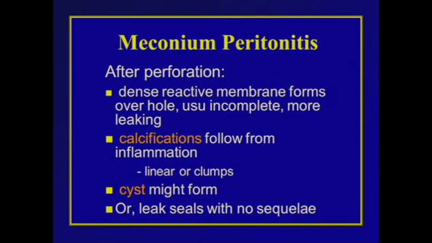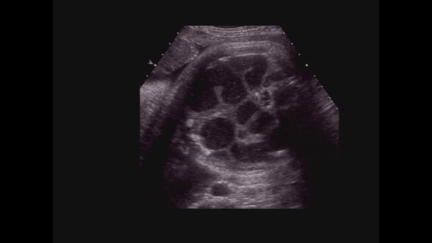But what happens is that reactive membrane has some inflammatory process, and the fetus will subsequently deposit calcifications around that inflammation. They can be linear, they can be in clumps, or they can wall off the fluid into a cyst-like structure. Or the leak can just seal over and you'll never know what happened to it and you'll never know where it was.